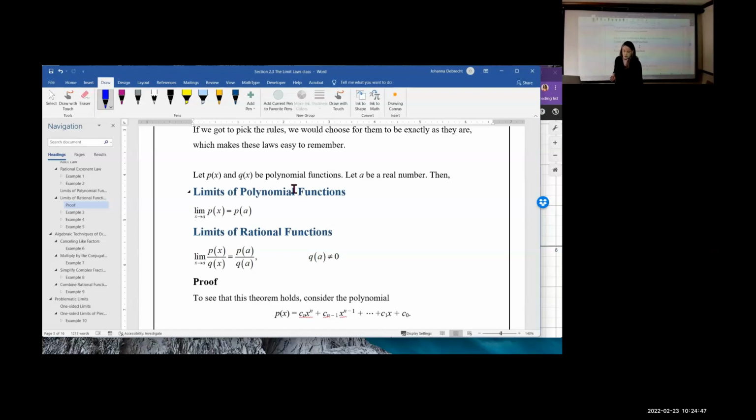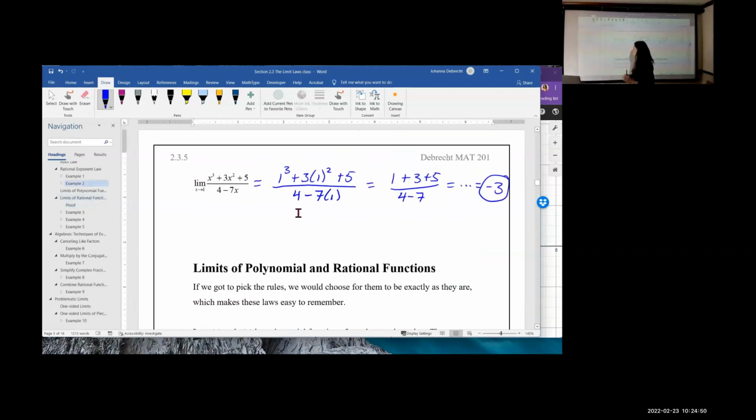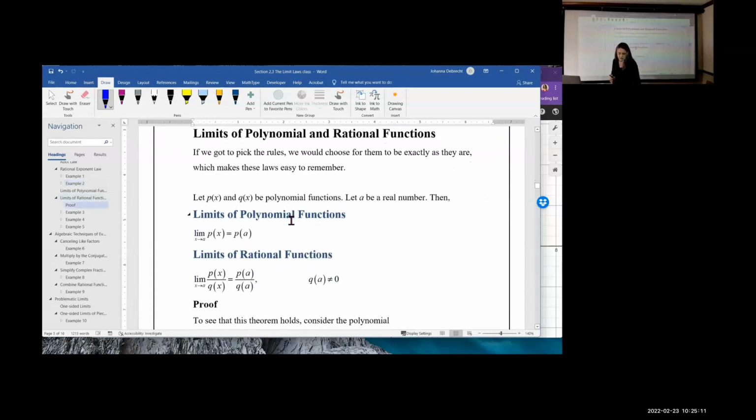So this is what we used just a second ago when we said the limit as x approaches 1 of this rational function. We take the 1 and we plug it into the polynomial in the numerator and we get these values. We take the 1, we plug it into the polynomial in the denominator and we get these values. That's all it says. Plug in the value that x is approaching and see if you get a finite real number.